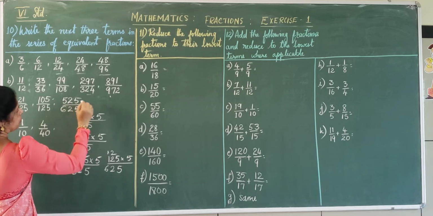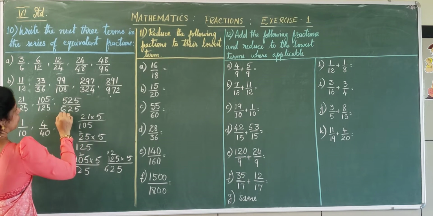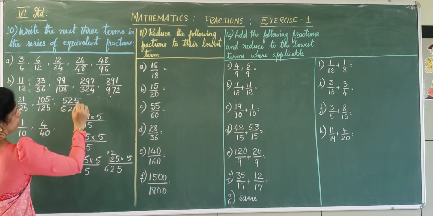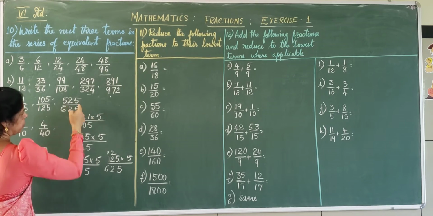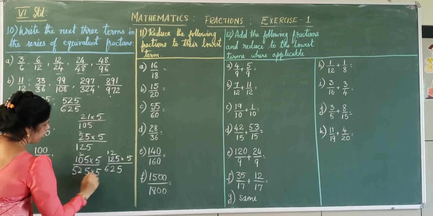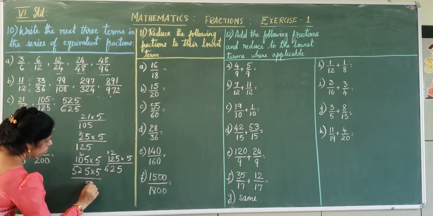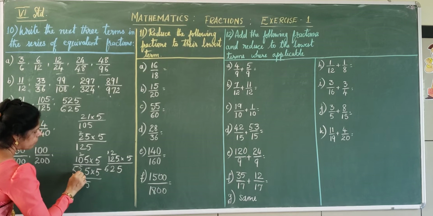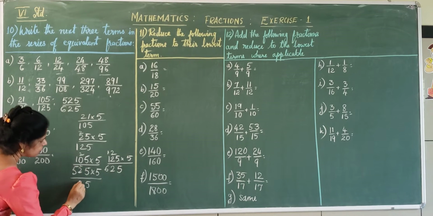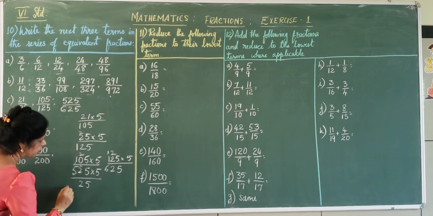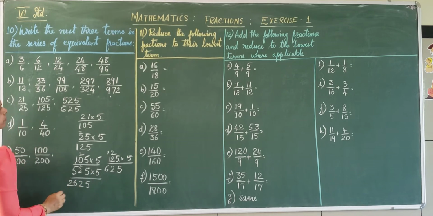Now again you have to multiply by 5 for the next one. So only one you have found out. Now you have to find another 2. So again you have to multiply by 5. 525 into 5. 5 5s are 25. 5, carry 2. 5 twos are 10. 10 plus 2 is 12. Carry 1. 5 5s are 25 plus 1, 26.